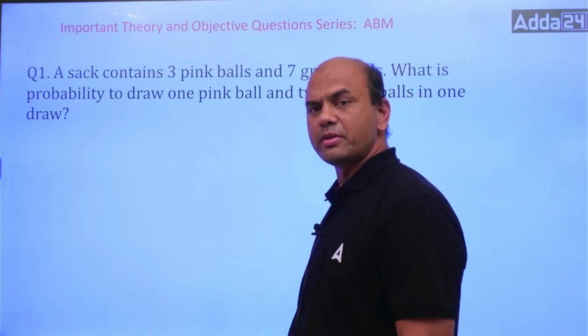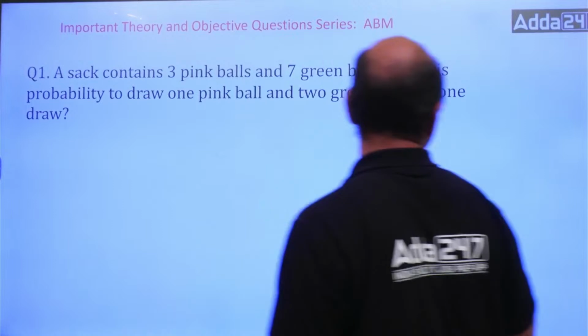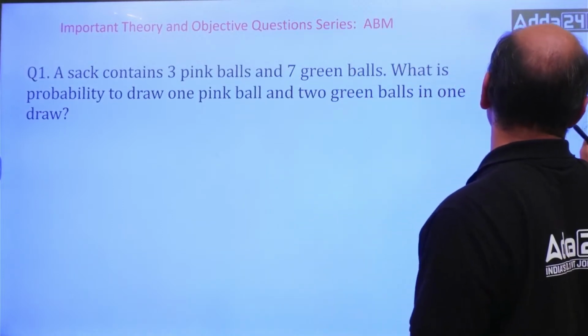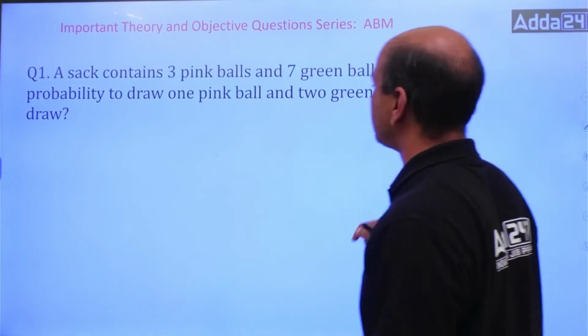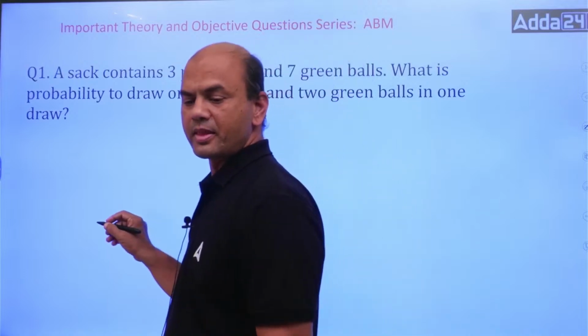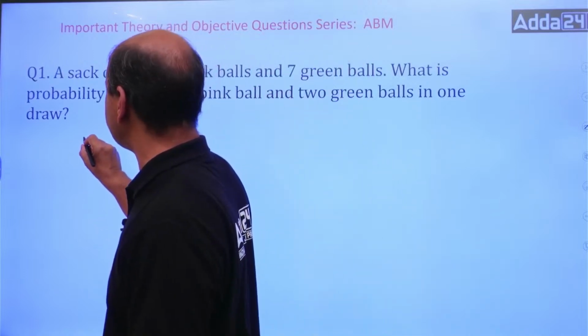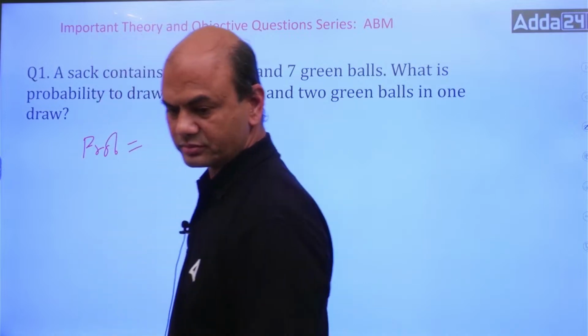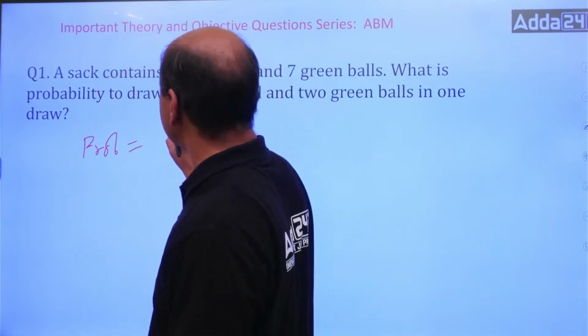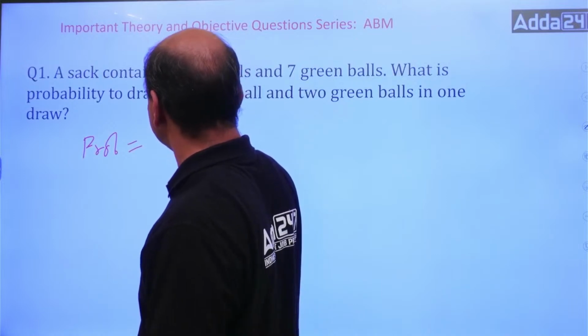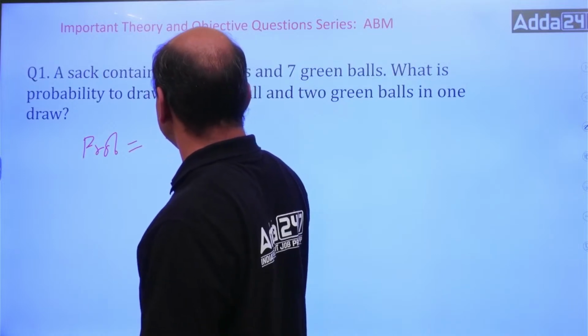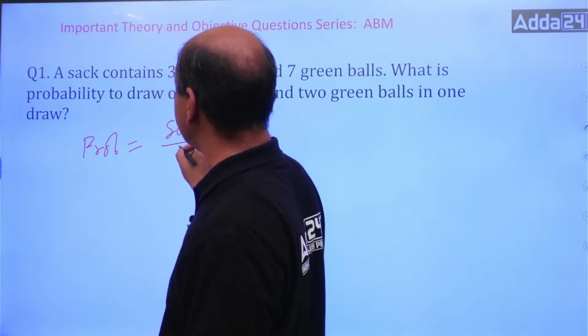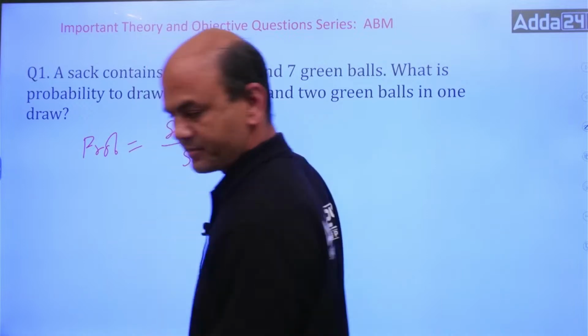For solving the probability problem, first you have to look at the formula. The formula for probability is: probability equals success divided by your sample space.